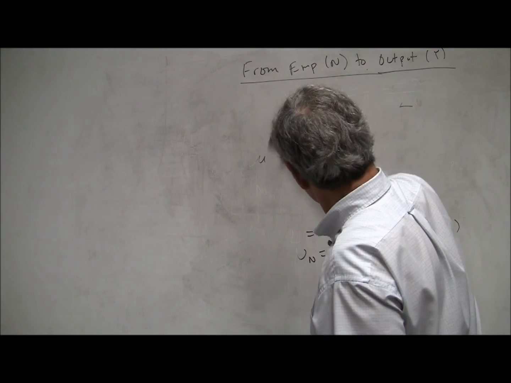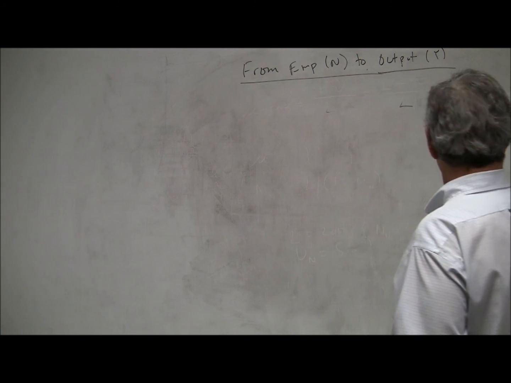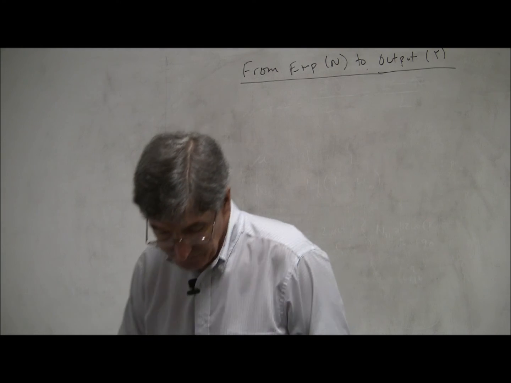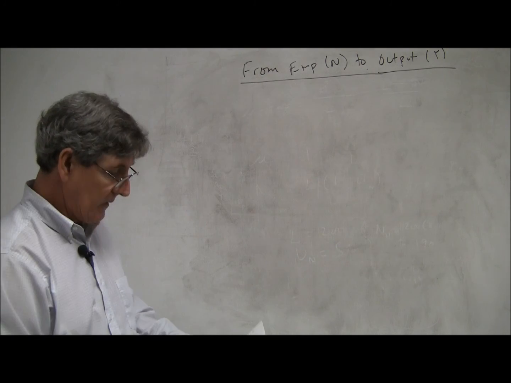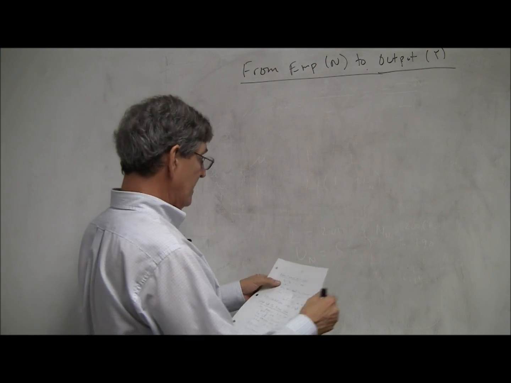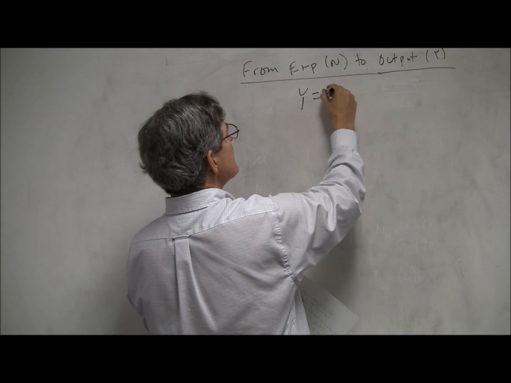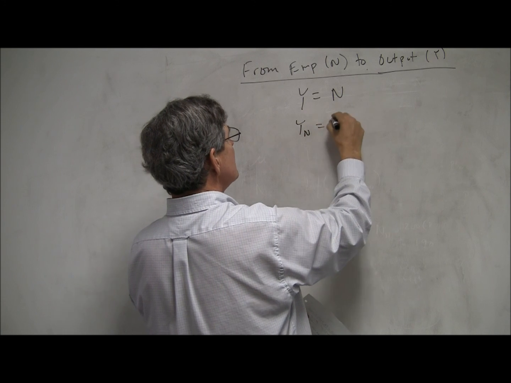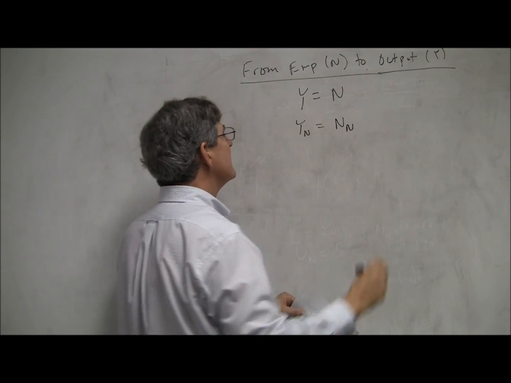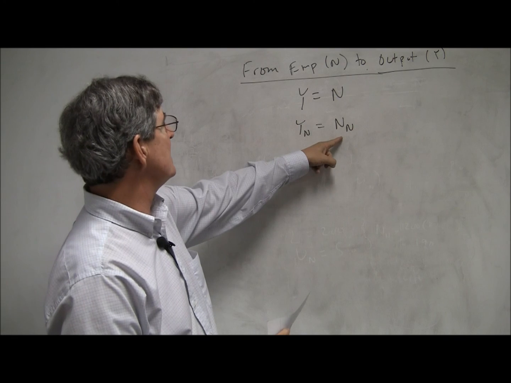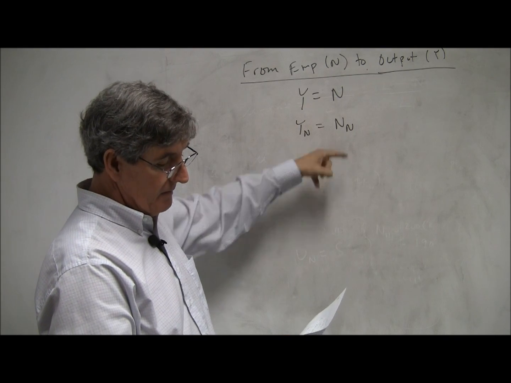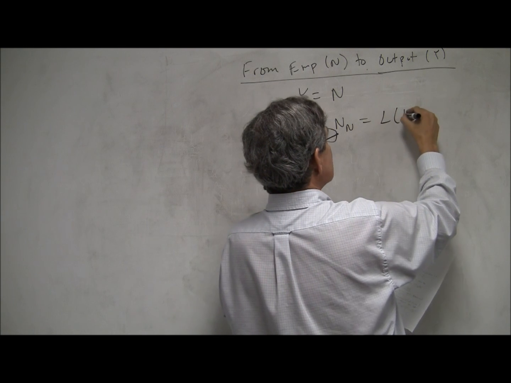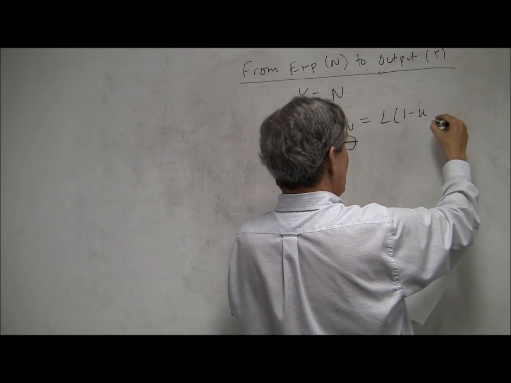All right, so we know that Y equals N. So it must be that Yn equals Nn. The natural rate of output is equal to the natural rate of employment in this model. And we already worked that out. That's L times 1 minus un.